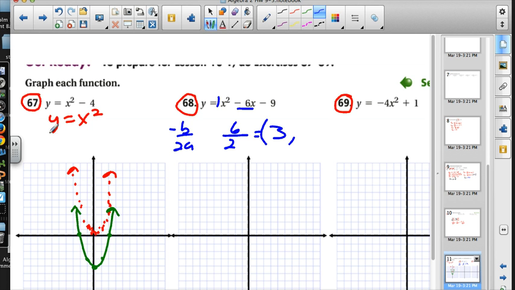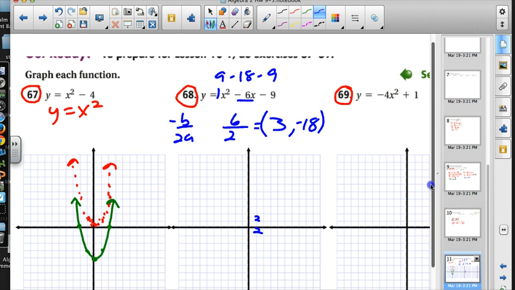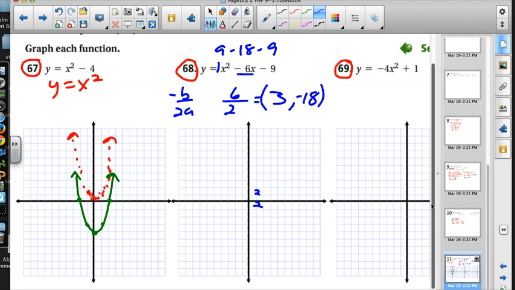And then we can go ahead and put the 3 through the formula in order to figure out what the y would be. So 9 minus 18 is negative 9, and negative 9 minus 9 is another negative 18. And I'm going to have to make my little graph go by 2's here if I am going to fit that on there. So 3, negative 18 would be right there.